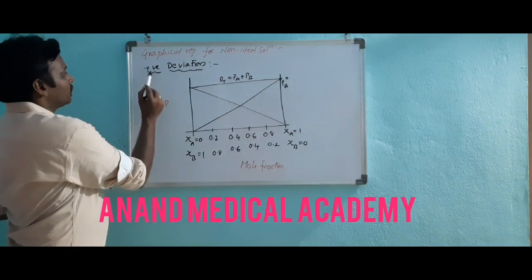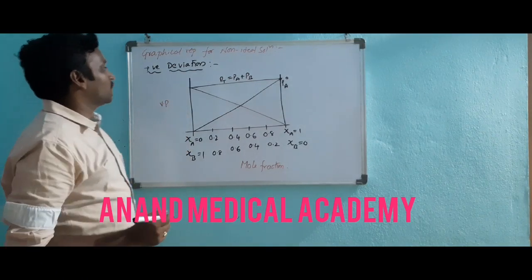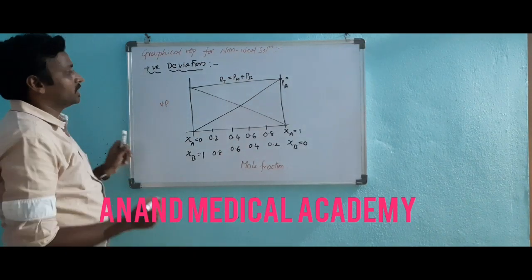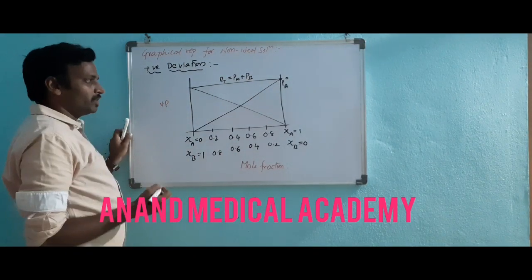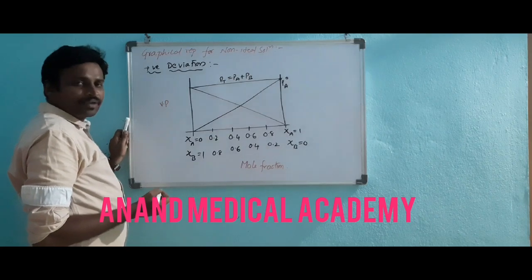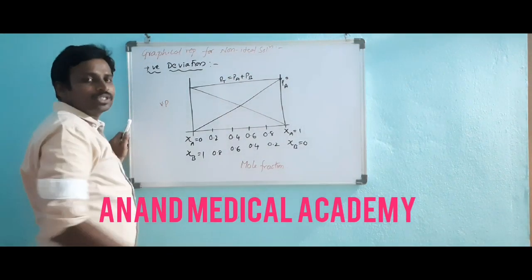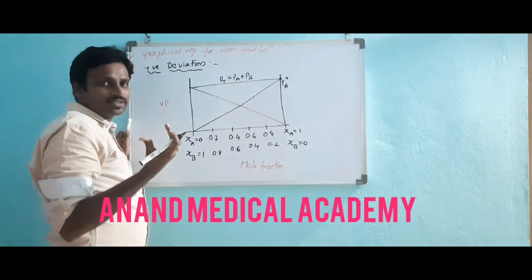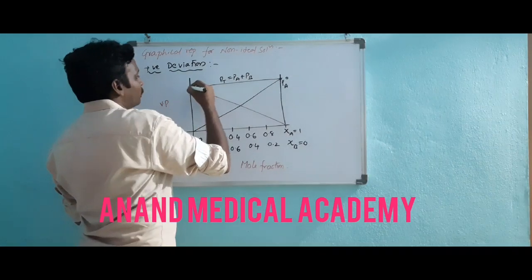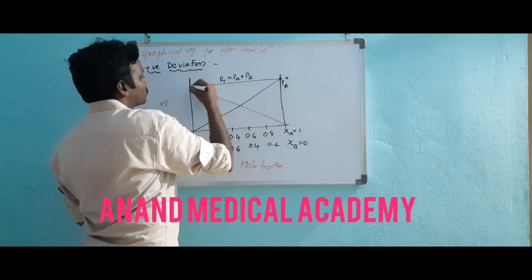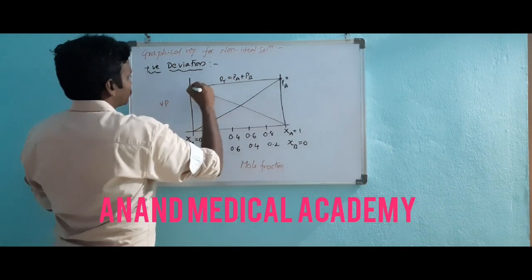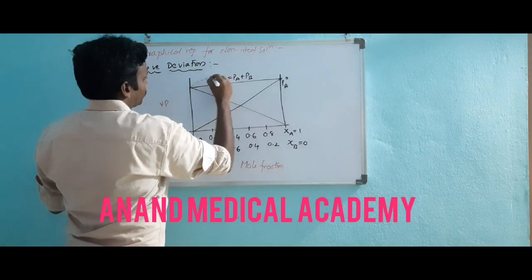See here, the graph is showing a positive deviation. When positive deviation happens, definitely the vapor pressure will increase because in the solution they have weak interactions. So the graph will be like this.